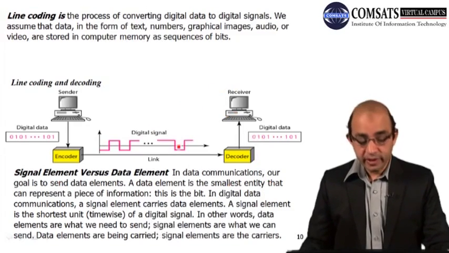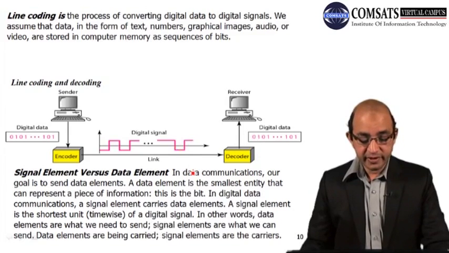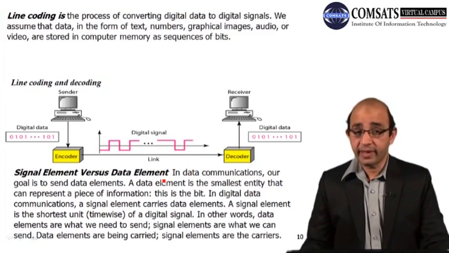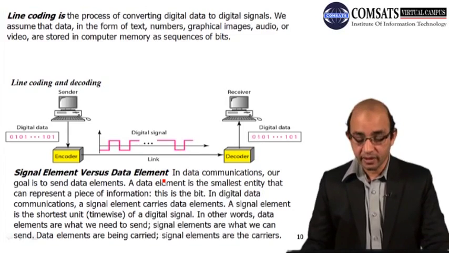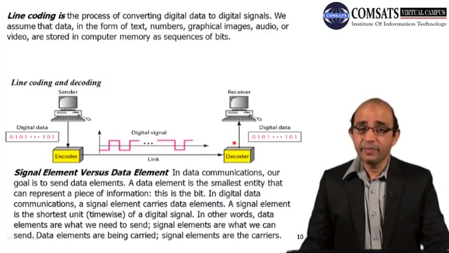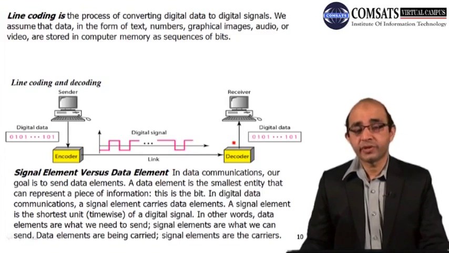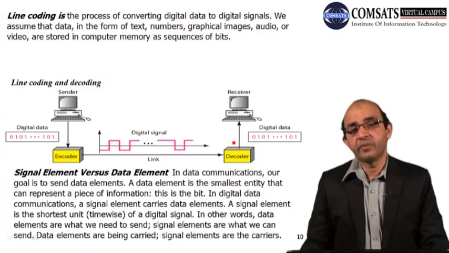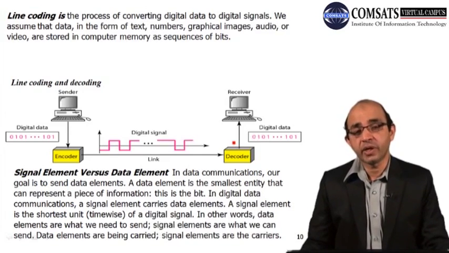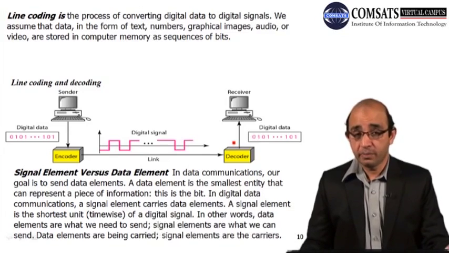So let's talk about the signal element versus data element, right? That is very important when we talk about data communication. Our ultimate goal is to transmit maximum data from one point to another point in minimum time, right?